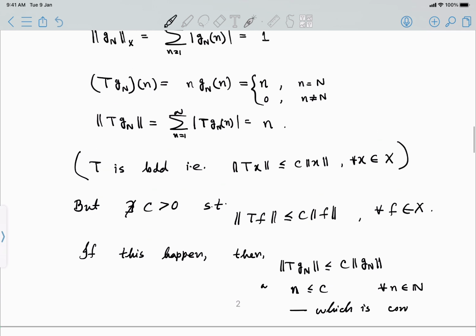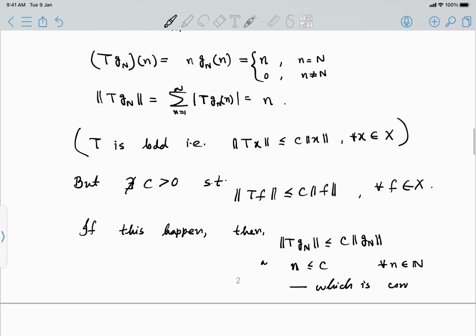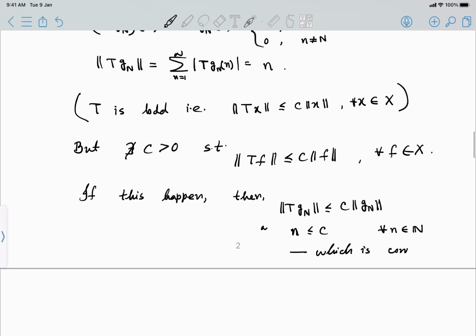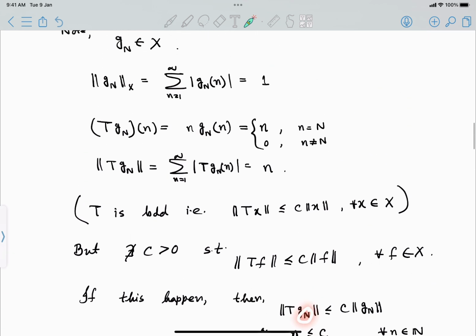Because we can choose this n to be a sequence, so this is for all natural numbers. So if you take this capital N to be large, then it will be only non-zero at that point, so there it will take the value n.